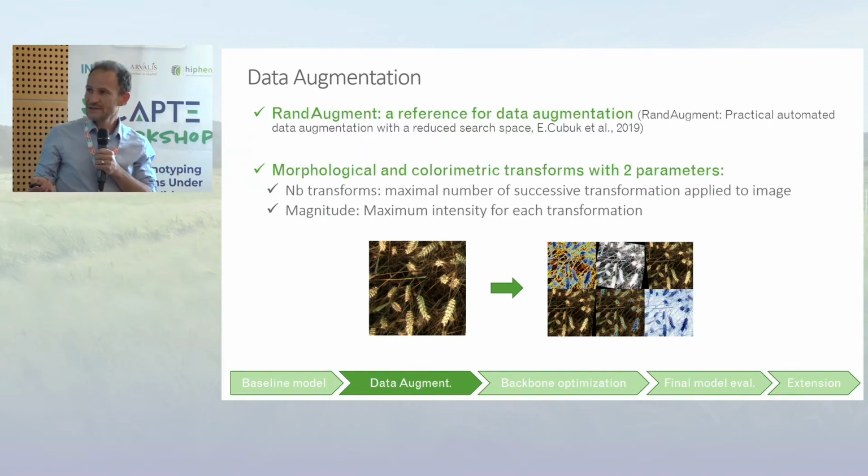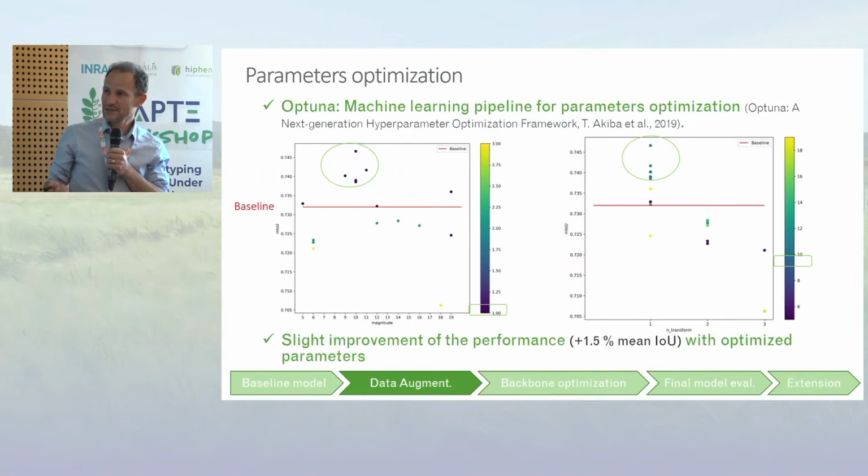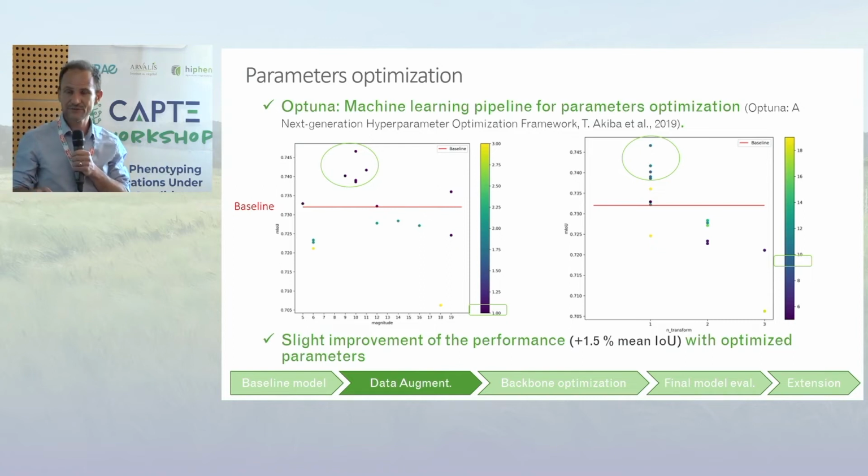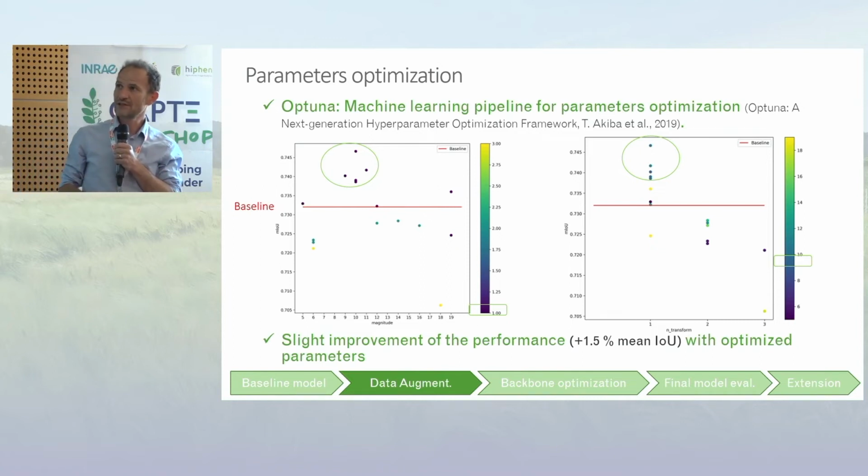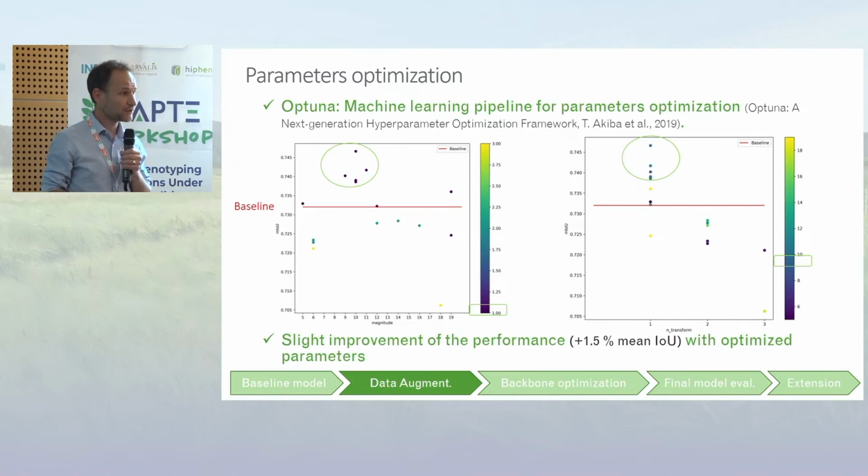For this, we tried different parameters, and we used Optuna, which is a package designed for machine learning parameter optimization.